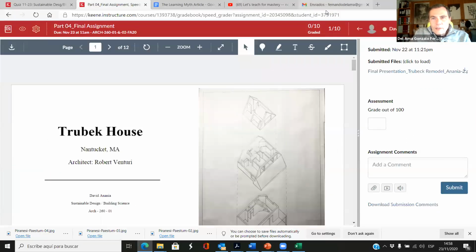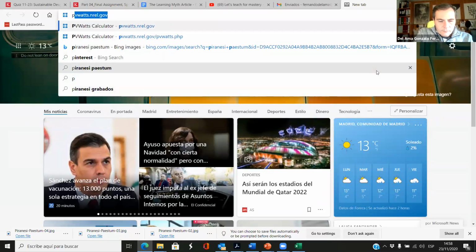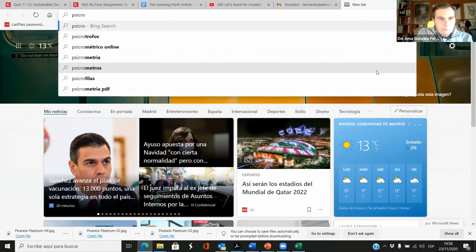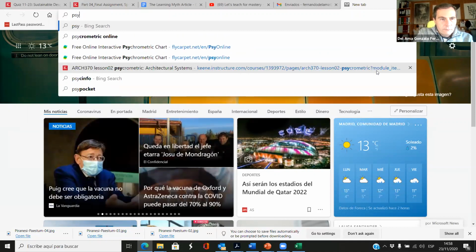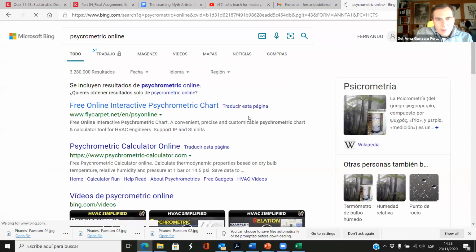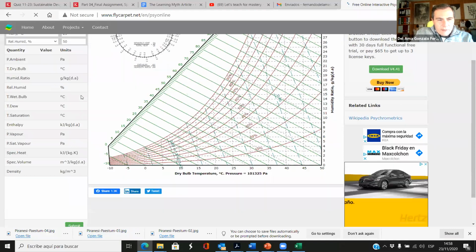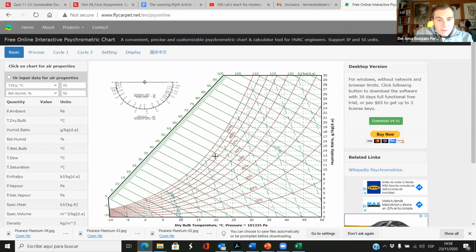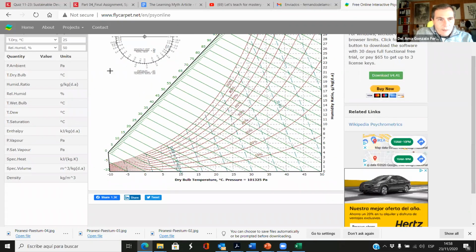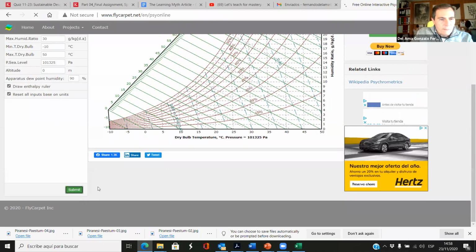We have to work with this psychrometric chart, the Freedom Lab psychrometric chart. Remember that first we have to work with the settings, because by default we have international units, so we need English, and then reset and submit.